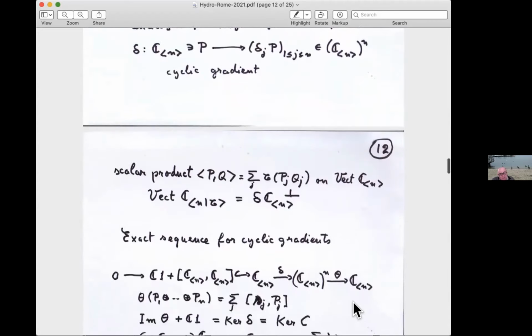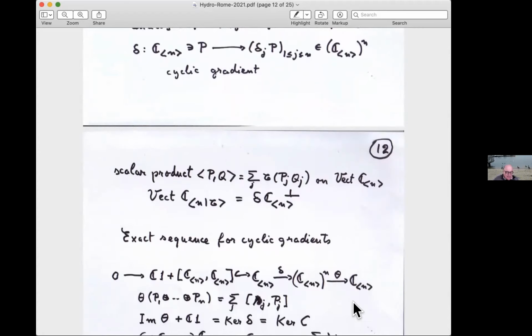And to deal with cyclic gradients, I have found an exact sequence which goes as follows. I take these polynomials in the n non-commutative indeterminates, the Cn.